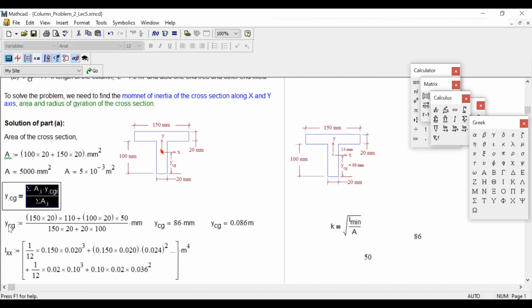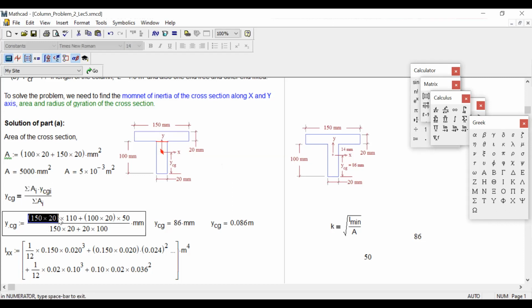So you see YCG, we divide into two areas. This is one area and the bottom one is the other area. So at first you take area 1, 150 millimeter into 20 millimeter. So this is area 1, into its CG. You need to figure out, what is its CG from the bottom?